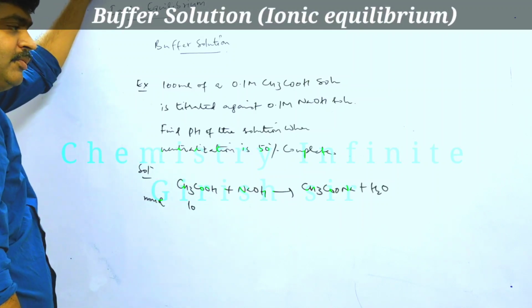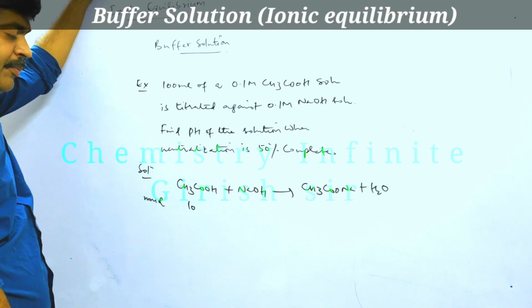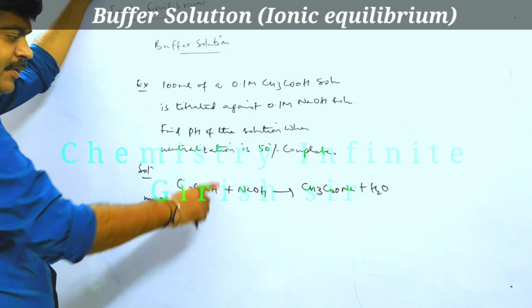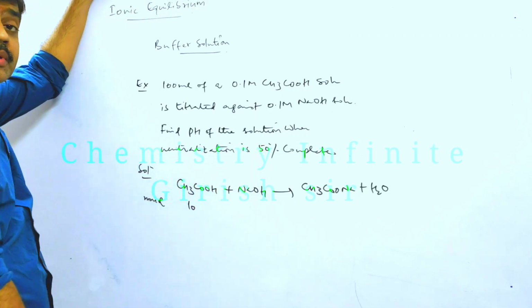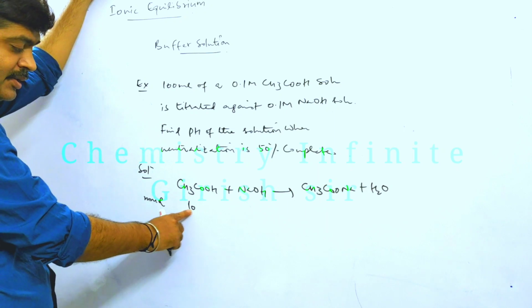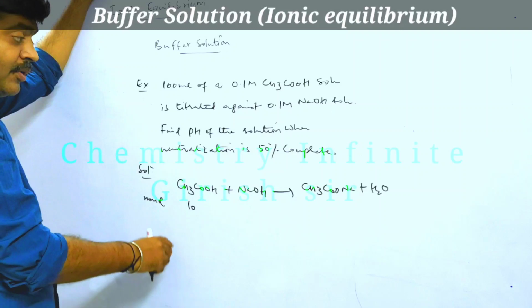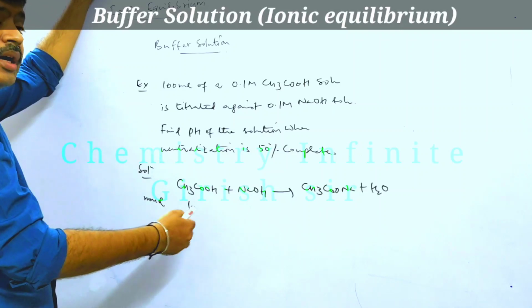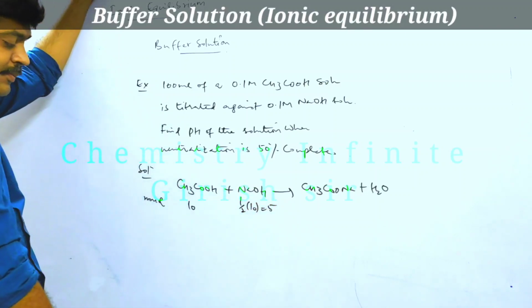Okay, and volume of NaOH of course varies as you keep adding during the titration, but try to understand. It says find pH when neutralization is 50% complete, half complete. For complete neutralization of acetic acid you will need 10 millimoles of NaOH to be added externally, and for 50% neutralization you will add half of that. So you'll add half of 10 millimoles, means you'll add 5 millimoles.